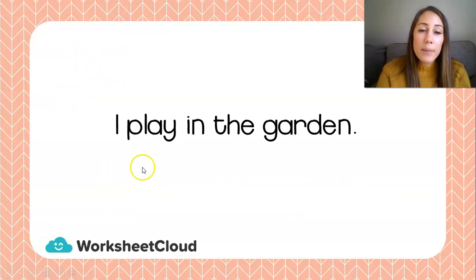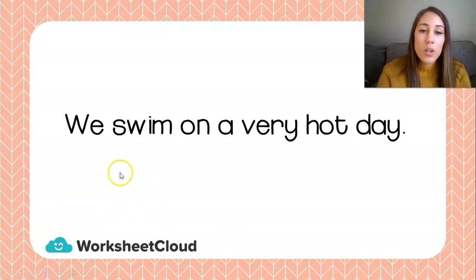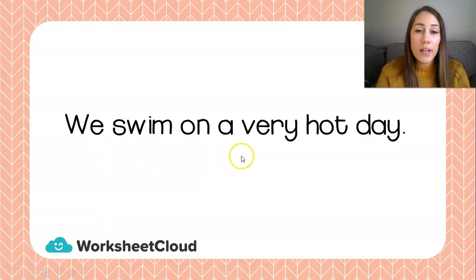So, I play in the garden will become I shall play in the garden. Now you won't use the word will at all because I means shall. We swim on a very hot day. Remember, I shall, we shall, and everybody else will.